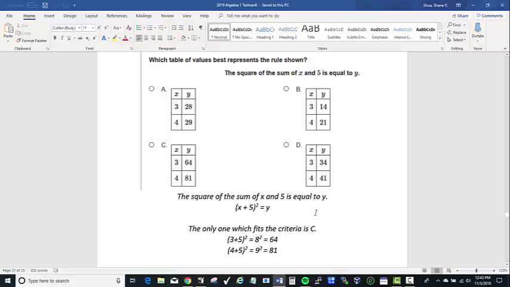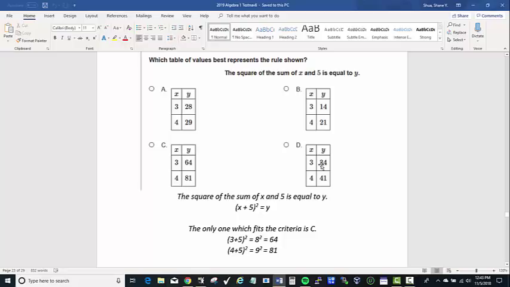The only one out of these four that fits the criteria would be choice C, because 3 plus 5 is 8, and 8 squared is 64. 4 plus 5 is 9, and 9 squared is 81.